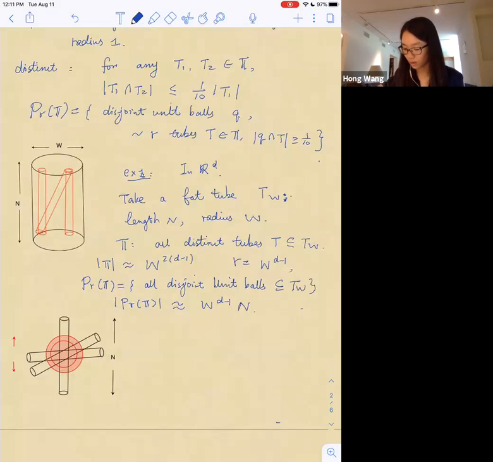Now let us look at the second example. In example 2, T is the set of all distinct tubes passing through a common point.